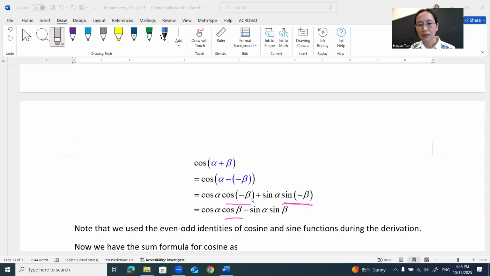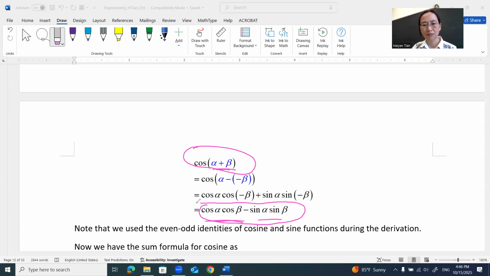So this one equals this. But sine negative beta is negative sine beta. So finally we get a formula for the cosine of a sum. Cosine of a sum is equal to this.